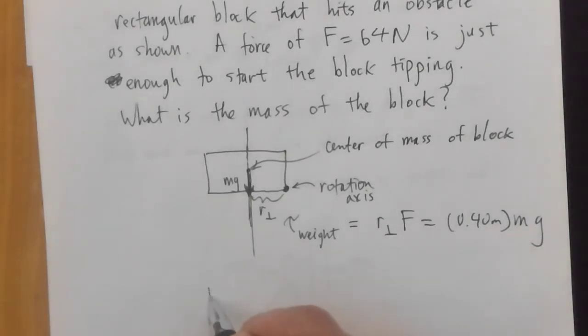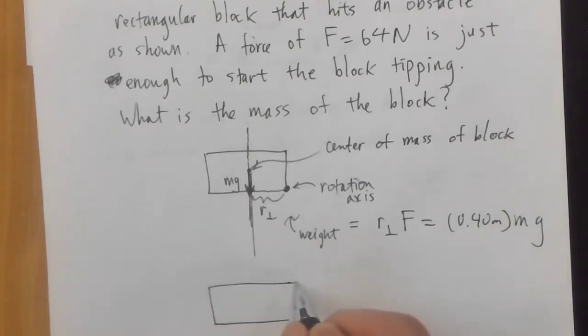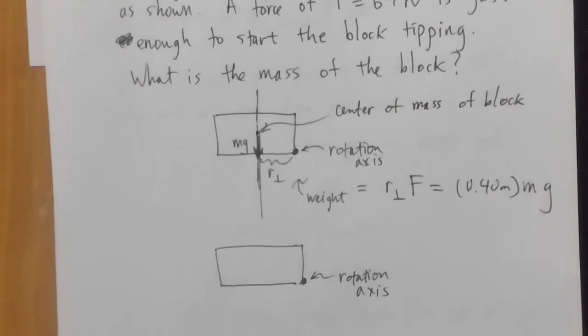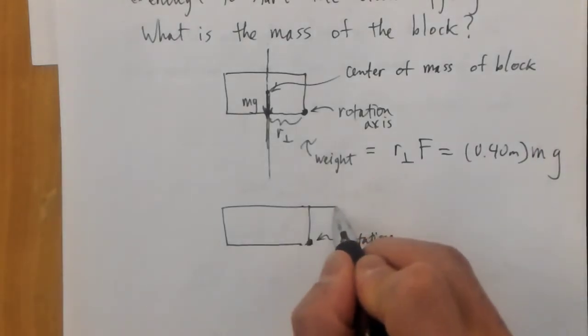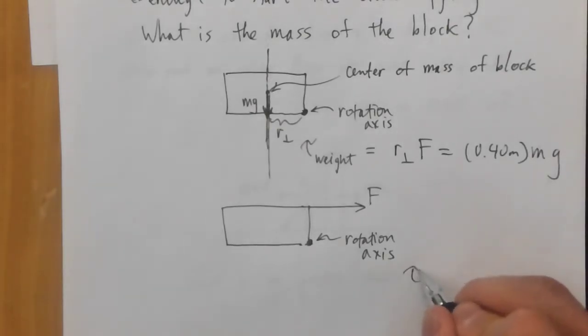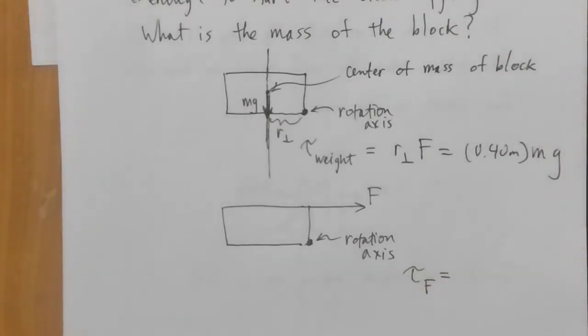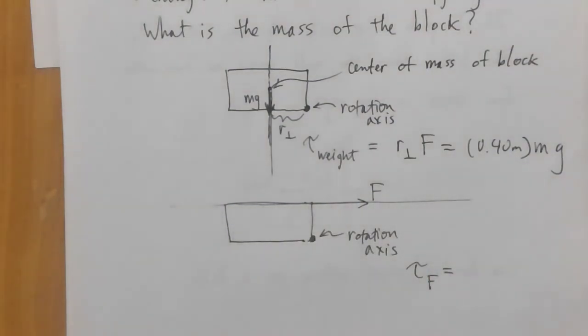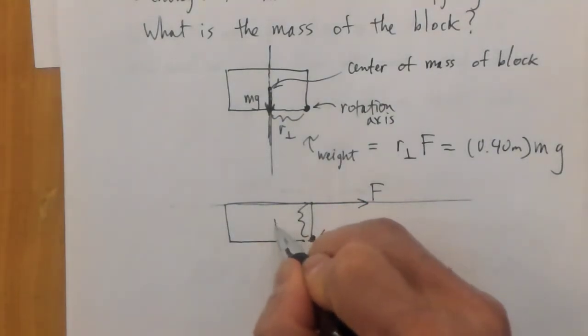Now let's figure out the torque due to the horizontal force. Again, this is the rotation axis, and now we have this force F. Let's calculate the torque due to F. This case is pretty easy no matter how you do it, but you can just draw a line through the force, and then you get the r perpendicular here.